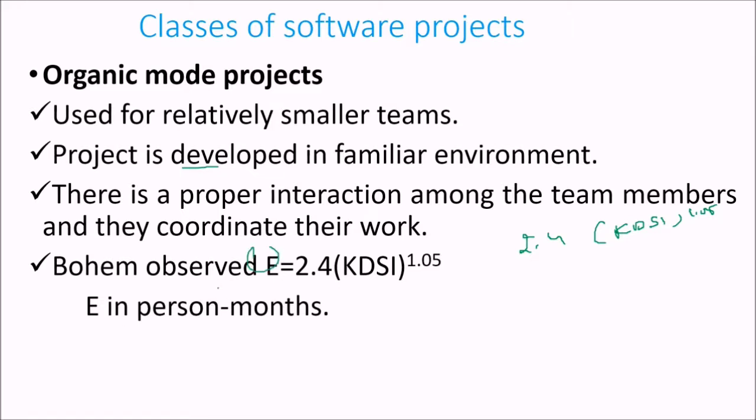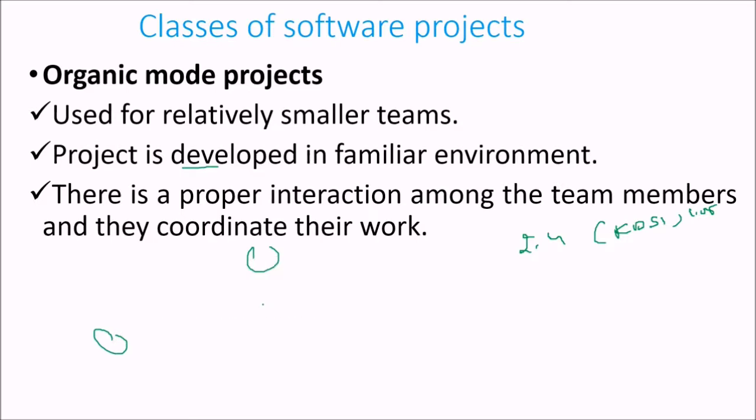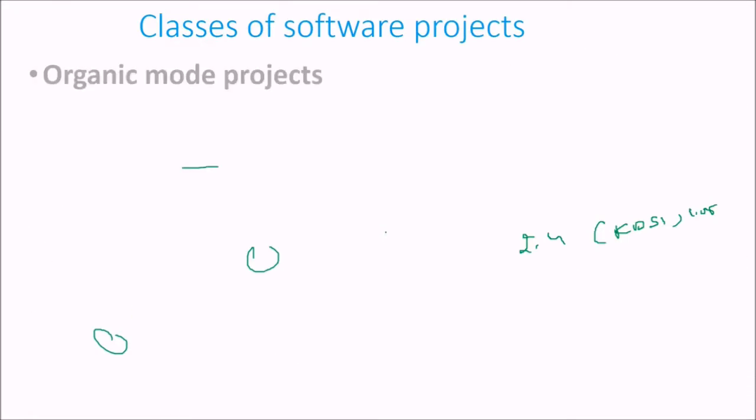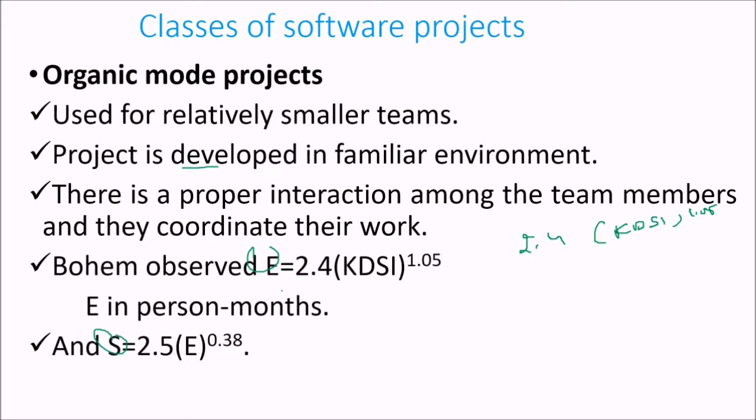E is of course in person month. So S is schedule, which we take with the same formula, given by 2.5 E to the power 0.38.